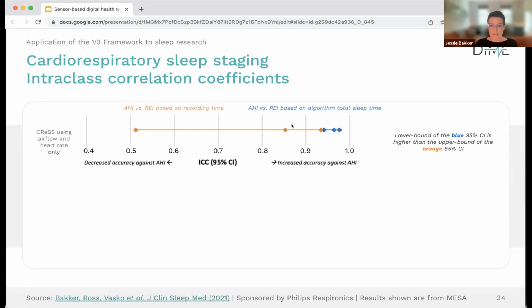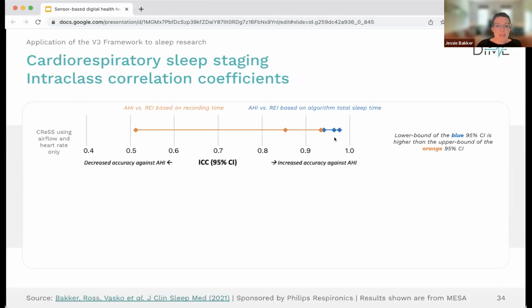The blue data that you're seeing towards the right of the figure, in the middle here, the diamond is the intra-class correlation coefficient between the respiratory event index, which instead uses the algorithm-determined total sleep time, compared with the gold standard AHI based on PSG manual scoring.